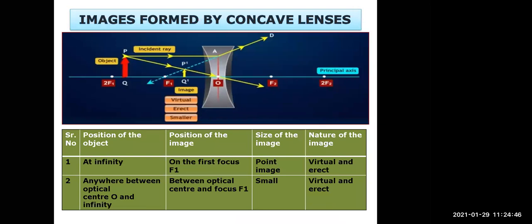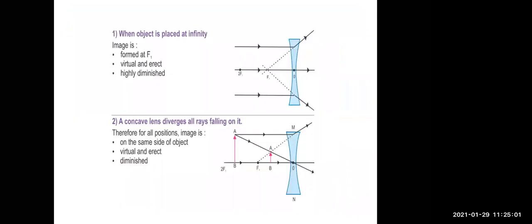Then we have seen how the images are formed by the concave lenses. Whenever the position of the object is at infinite distance, the position of the image will be at first focus, and the size of the image will be a point image, and it will be virtual and erect. You can see here, a point image is formed.